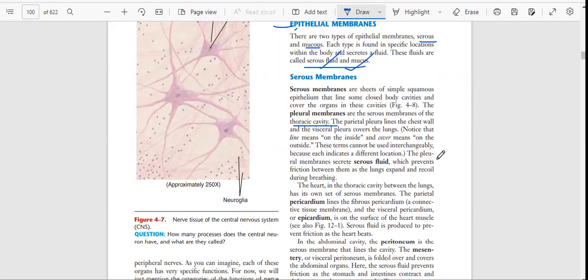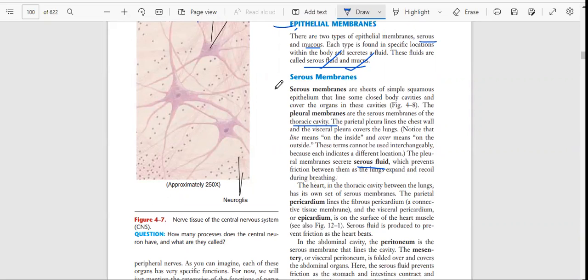These terms cannot be used interchangeably because each indicates a different location. The pleural membrane secretes serous fluid, which prevents friction as the lungs expand and recoil during breathing. The heart, in the thoracic cavity between the lungs, has its own set of serous membranes.